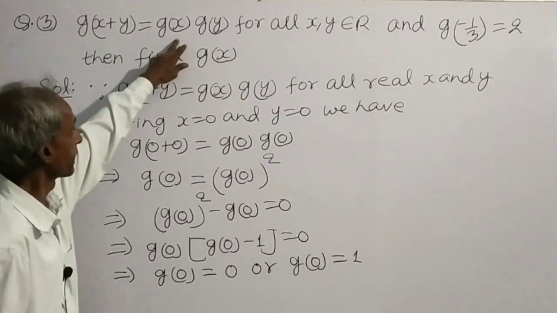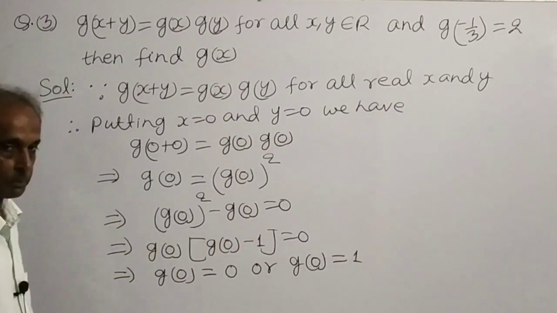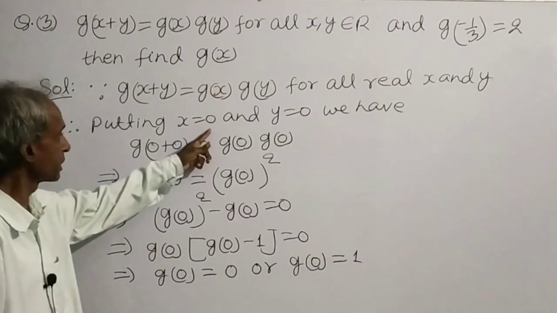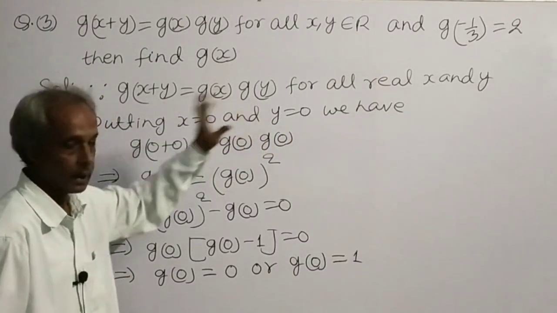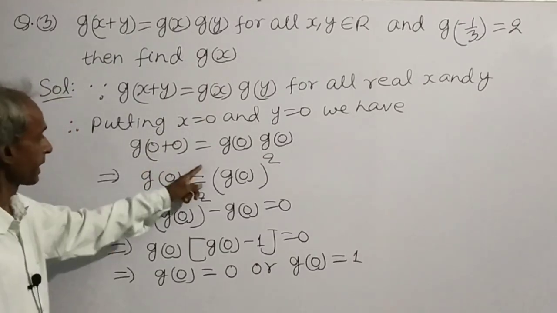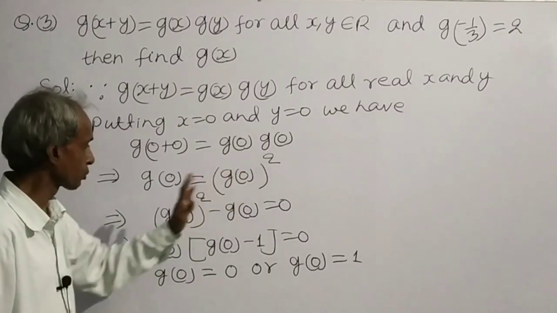Since this condition is satisfied for all real values of x and y, we put x equal to 0, y equal to 0 at these places. Then we get g(0) is equal to g(0) square.